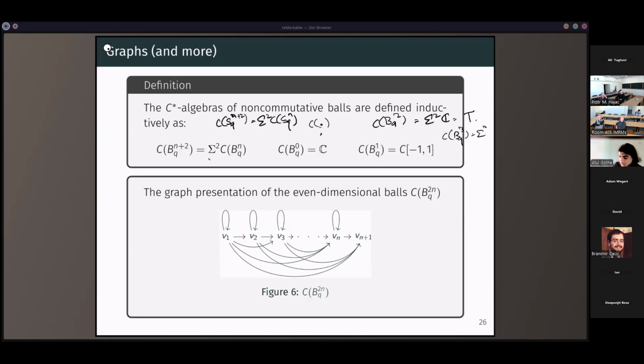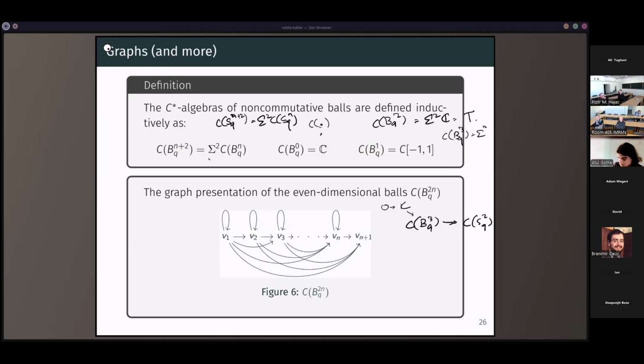The boundaries of these quantum balls are in fact just the quantum spheres which we have discussed. Exactly. So for C of BQ3, you can delete the sink and all edges ending in the sink, and this is precisely your boundary sphere.